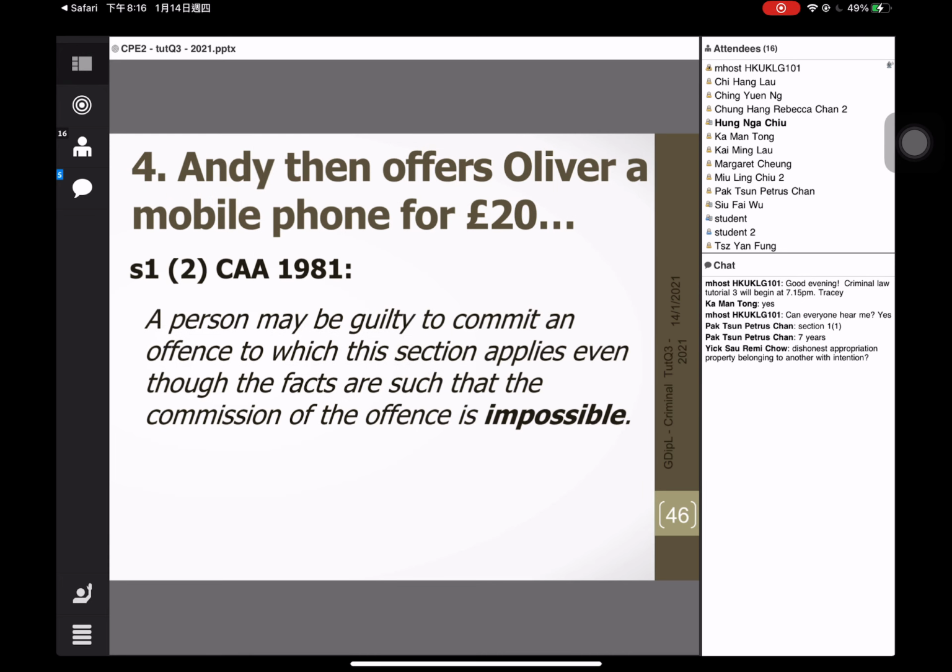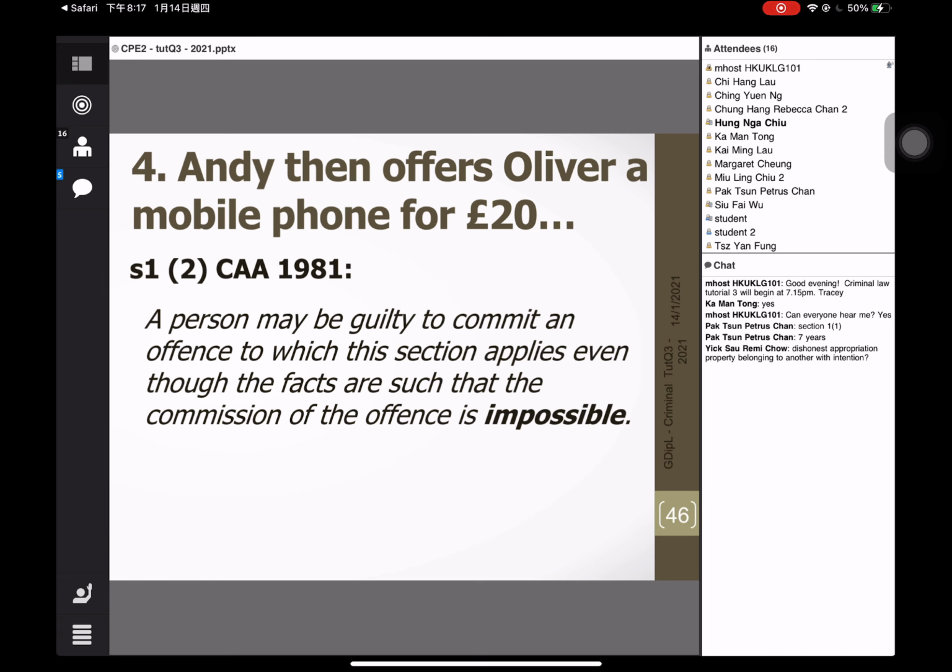Now, in this actual problem, you're not going to be going into this detail, but we will need to know about attempts a bit later. So here I'll just mention Section 1 subsection 2. A person may be guilty of attempting to commit an offence to which this section applies, even though the facts are such that the commission of the offence is impossible.